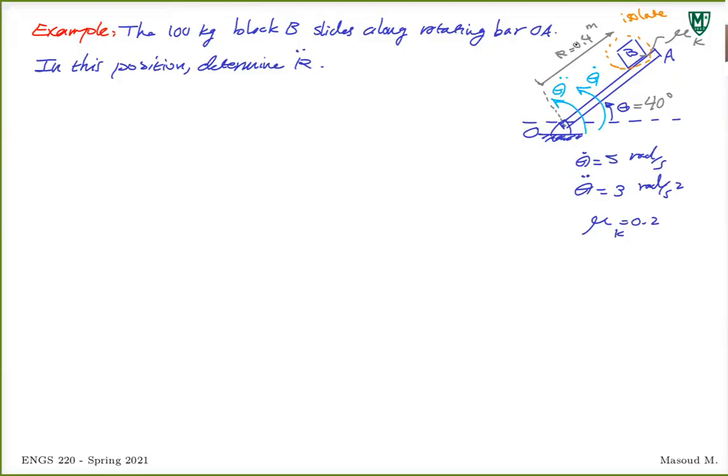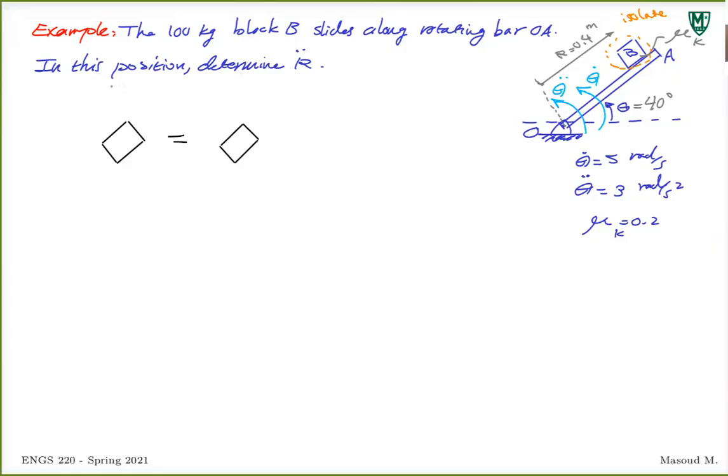So let's draw the block. Right there is equal to, I'm going to draw 2 because I want 1 for the free body diagram and 1 for the kinetic diagram. I want to show the inertial forces.